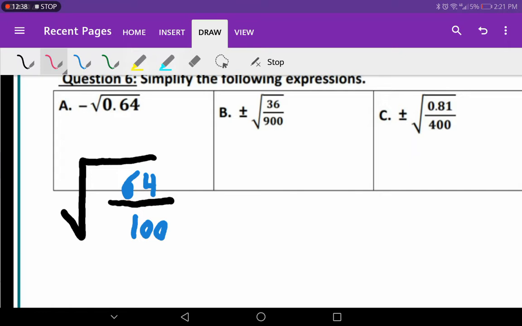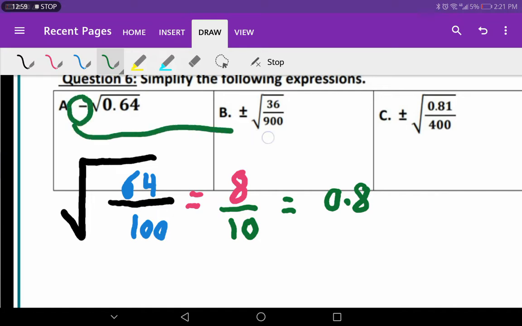Now the square root of 64 equals 8. And the square root of 100 is 10. So 8 over 10, write it like this. We are done, but not at all, because this negative must come here. Don't forget it.